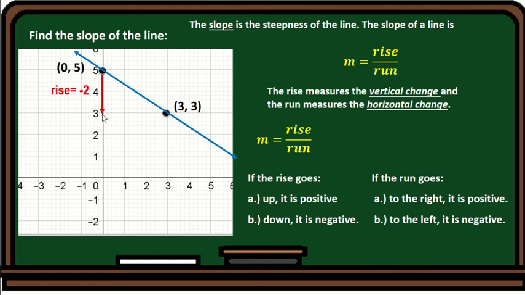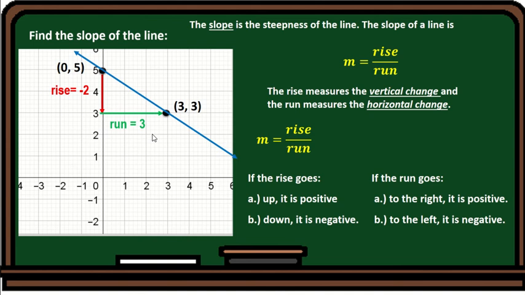So, from this point, magka-count tayo papuntang right since nasa right side yung second ordered pair. So, count 1, 2, and 3. So, this means that your run is equal to positive 3.